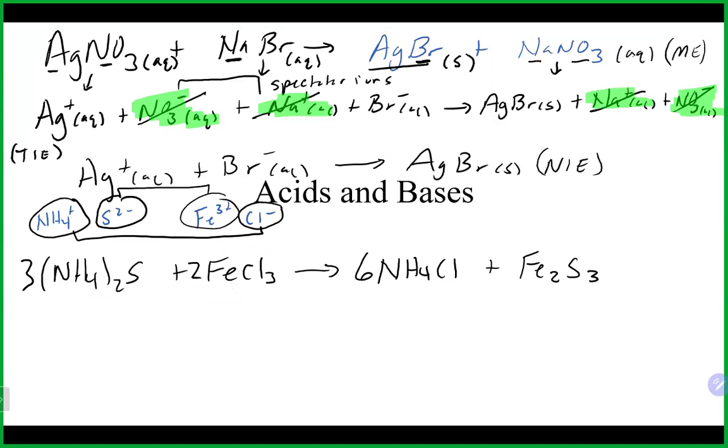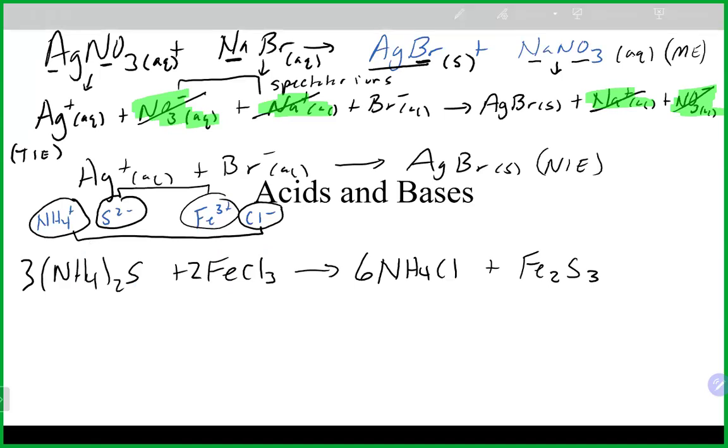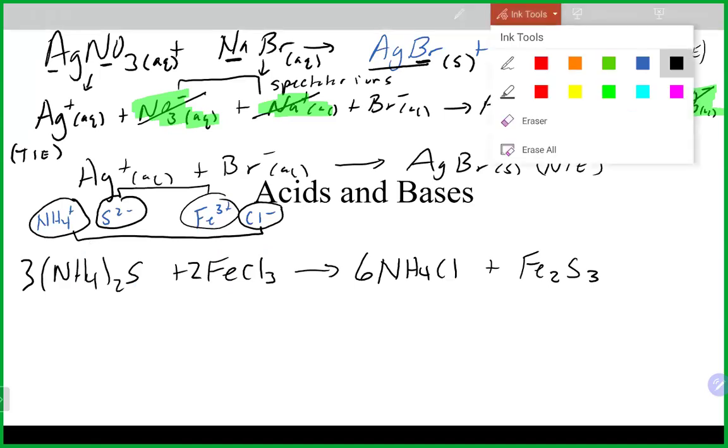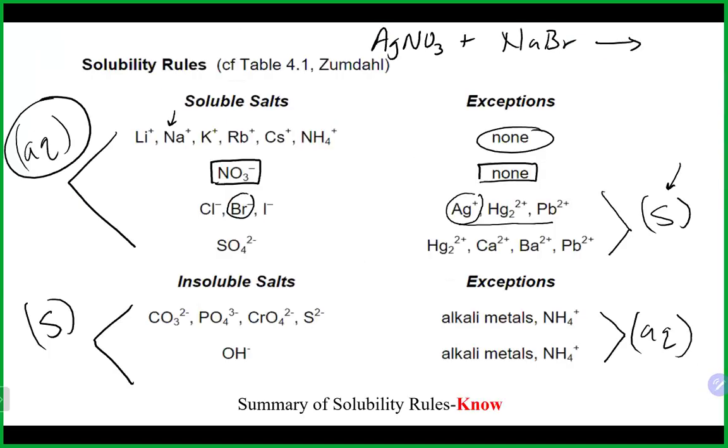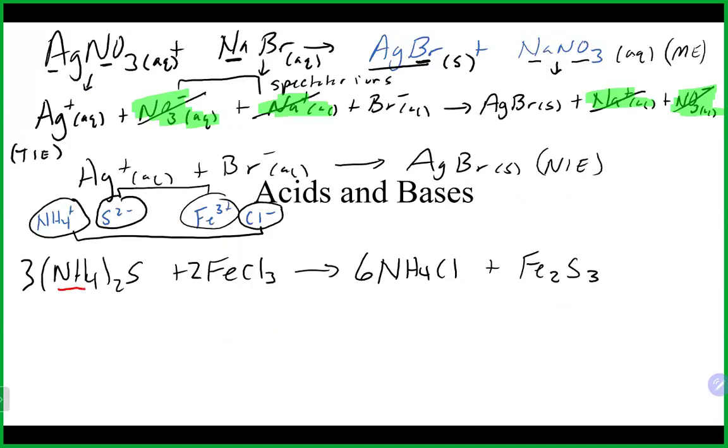We use our solubility rules to help us figure out what's solid, what's maybe not solid. Looking at the first one, I see NH4, and looking at my solubility rules, NH4 is right there. It is soluble. There are no exceptions, which means it is going to be aqueous in this case. As soon as I see that ammonium, I am going to have something that's aqueous.